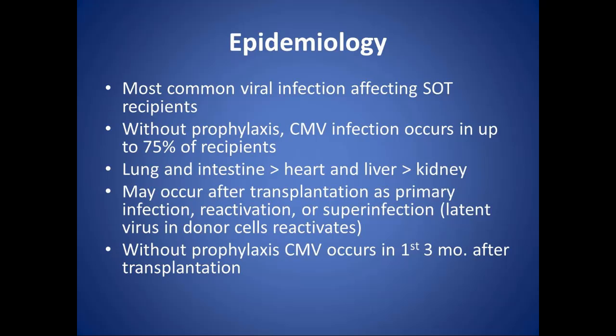So why would you think that lung and intestinal transplants have a higher risk of CMV disease? Anybody have any thoughts on that? Right, so lungs, they need more intensive immunosuppression. And actually, intestines, they get more lymphoid tissue transplanted, so that's why they have a higher incidence. And then heart and liver, and then kidney the least.